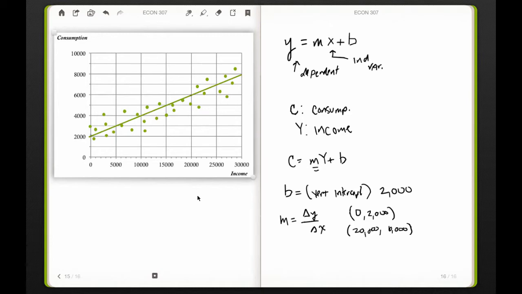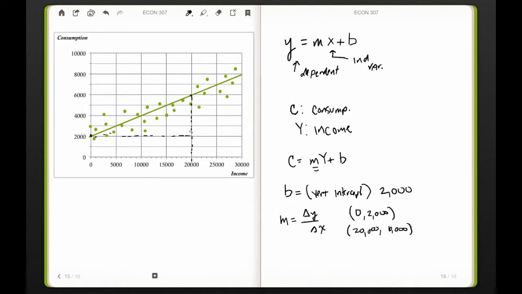So I'm actually going to do this over here. So basically my change in y, let me draw this out. It should be along this line right here.